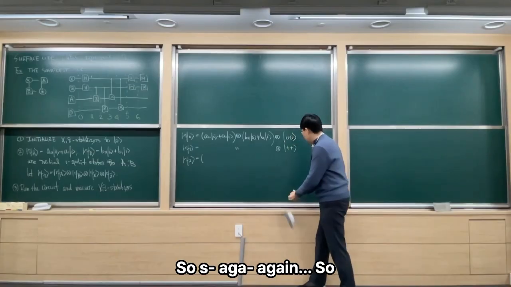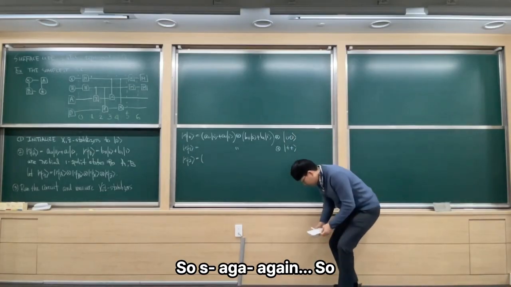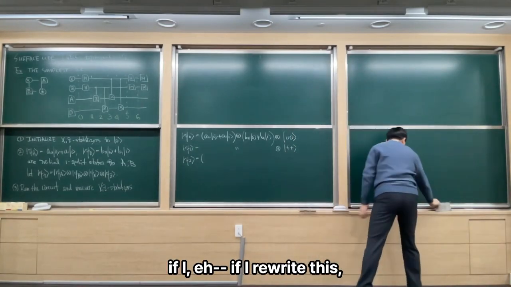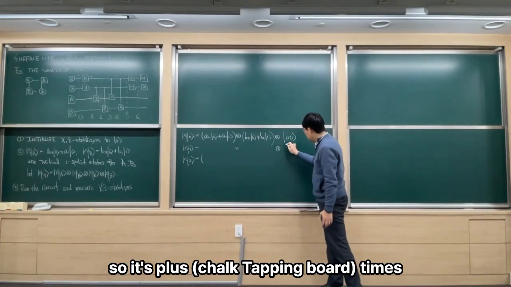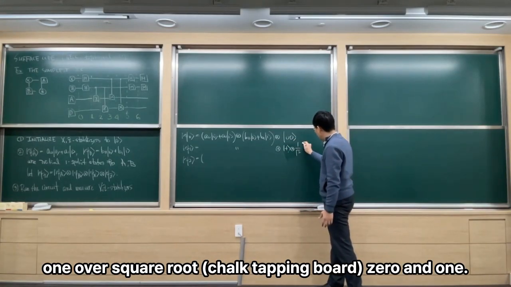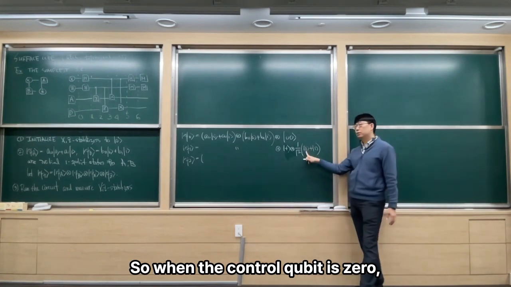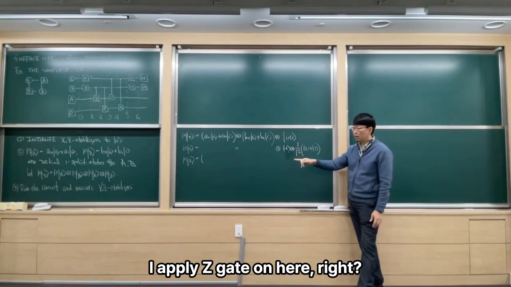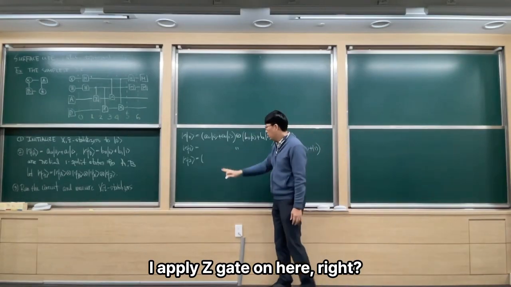So again, if I rewrite this, it's plus times 1 over square root 2 of 0 and 1. When the control qubit is 0, I don't do anything. When it's 1, I apply the Z gate here, right?